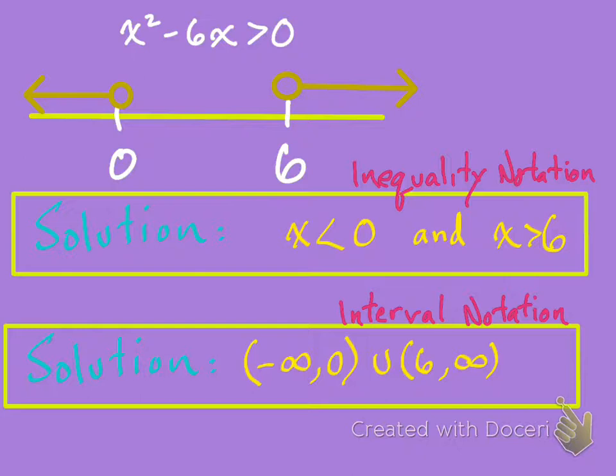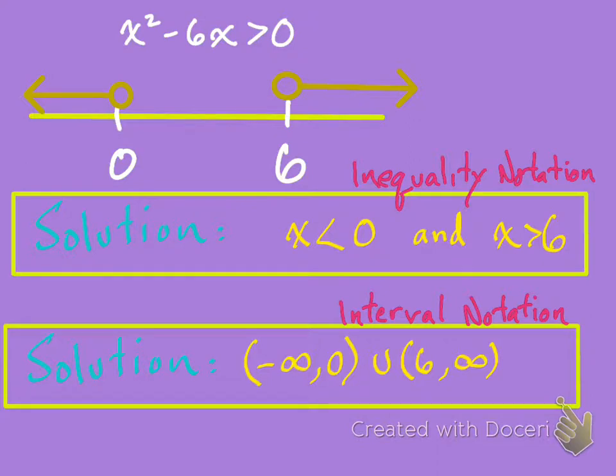So this is how this solution interval would look using interval notation there, with -infinity, comma 0, with parentheses, union, that's what that U symbol in the middle is, the interval 6 to positive infinity. So that's the interval notation style of expressing those solution intervals, and you are welcome to use that if you're familiar with it and you like it, or the inequality notation, okay?